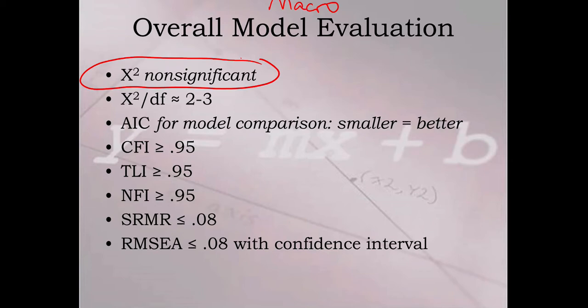You can't make a model pretty by adding a flower on top of a turd. So basically, they're the purists, I consider them, who say any significant chi-square value is an indication of poor model fit, and everything you do after that should be focused on the fact that the model is not good.